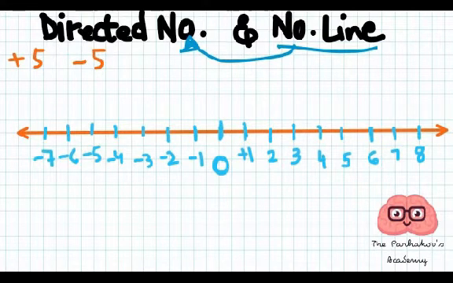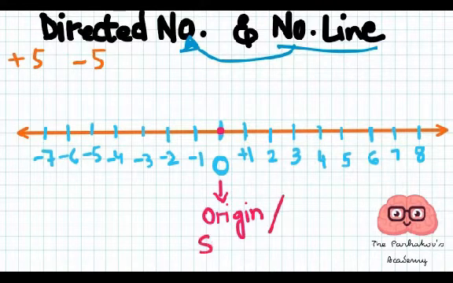Now, there are very important points on this number line. The first one is this point, which is 0. This point is known as the origin, from where everything starts, originates, or you can say it's a starting point.